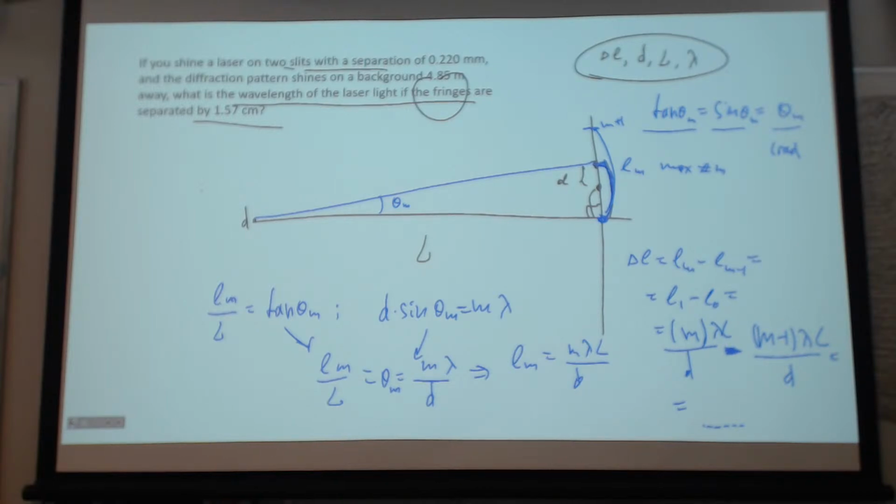So if you calculate this difference, what is the final result?